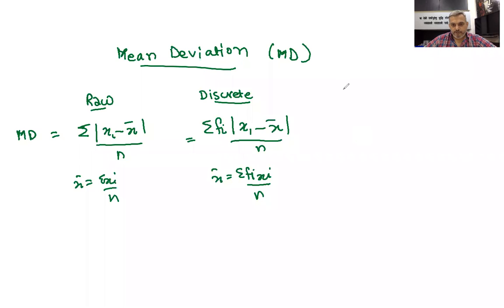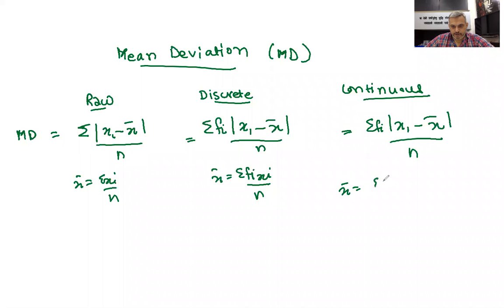And when we go for continuous, again the formula remains the same. Sigma fi modulus xi minus x bar upon n. Again x bar is equal to sigma fi xi upon n.